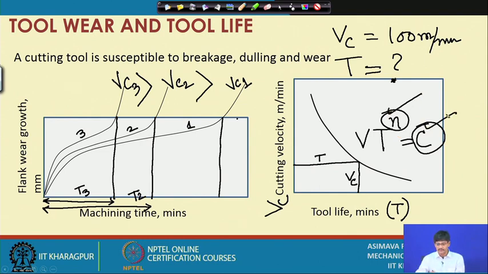What are the tests going to be? We will carry out tests at different values of cutting speed. But I do not know the values of n and C, so how can I simply pass a curve? First we carry out a number of tests, and on a log paper we can plot those points and pass the best fit straight line through them.